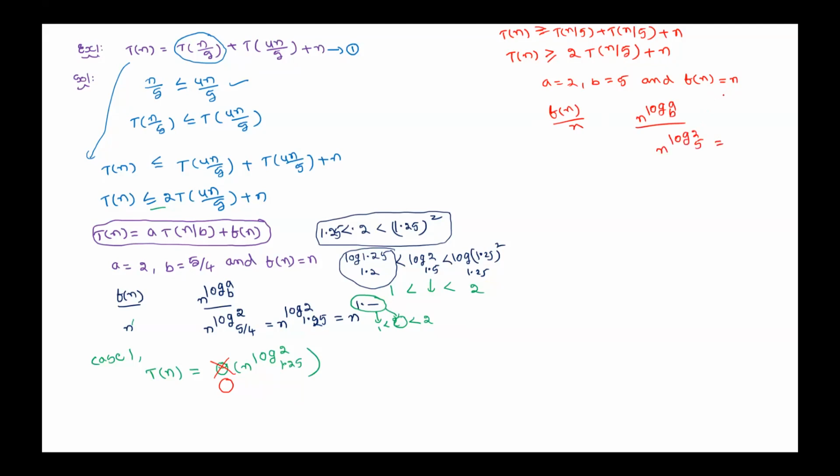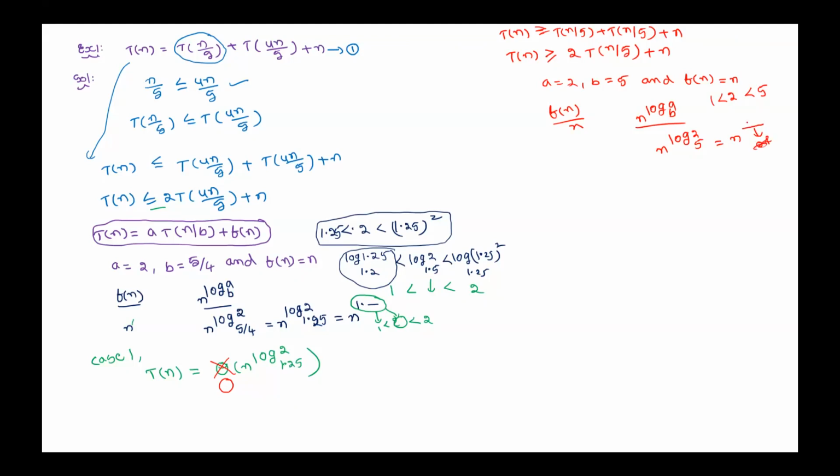So 2 is between 1 and 5. Log 5 base 5 is 1. Log 1 base 5 is 0. That means log 2 base 5 value is between 0 and 1.